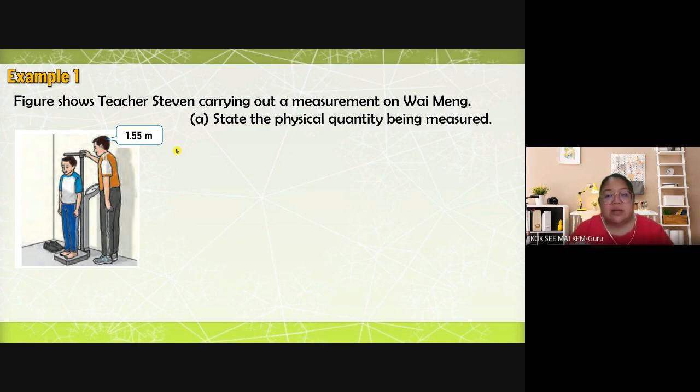So the physical quantity here is height. 如果我问你 what's the base quantity? Length 啦，base quantity 就是 length. So your answer is height.